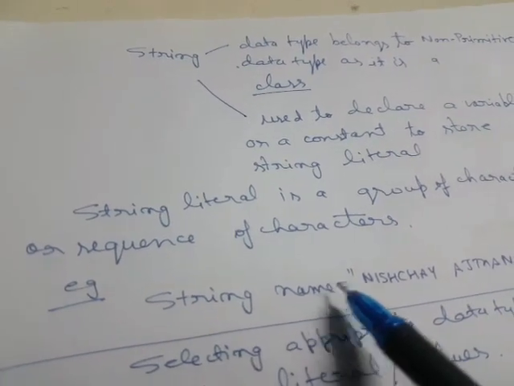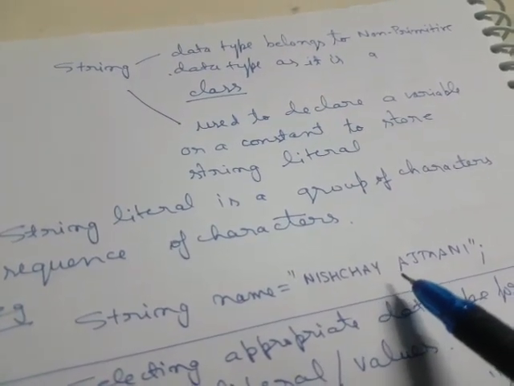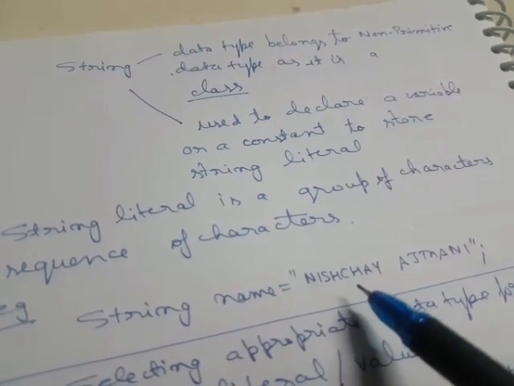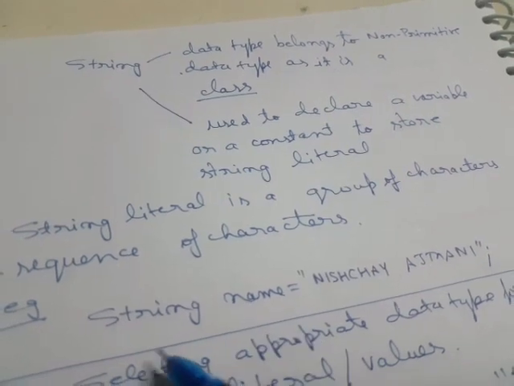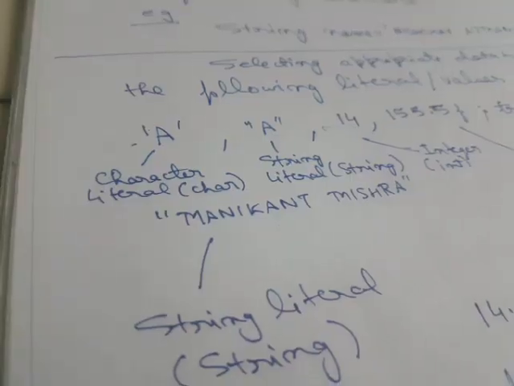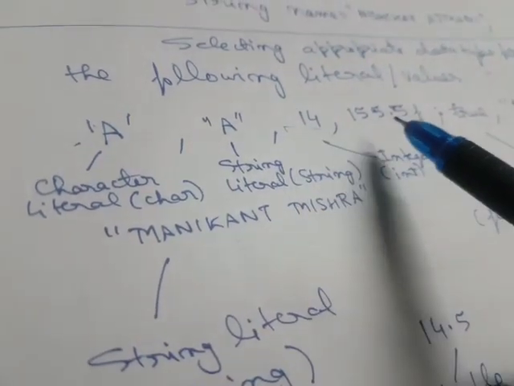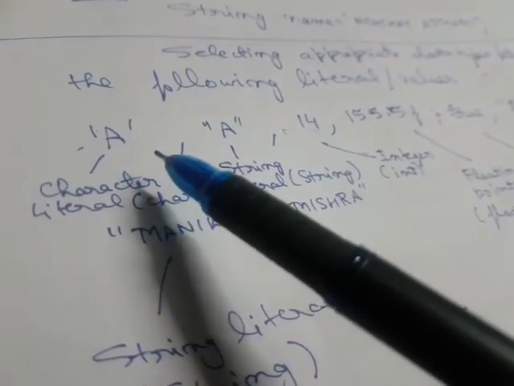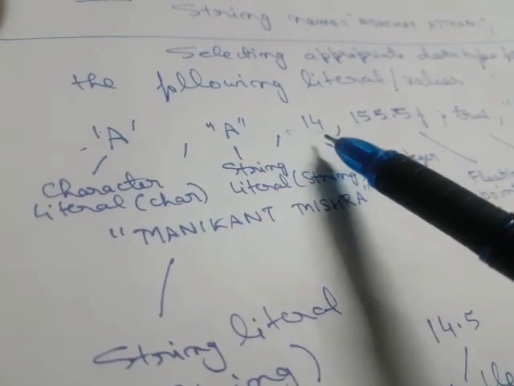Example, String name equals Nishchay Ajmani, means Nishchay Ajmani is here the string literal, the value for the variable name, and its data type is String. Alright. Now students, we have got certain literals in front of us, like A in single quotes, double quotes A, capital A, and 14.